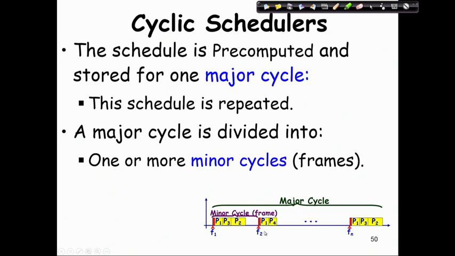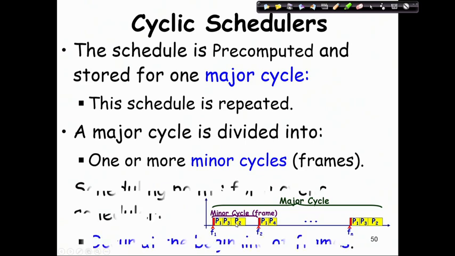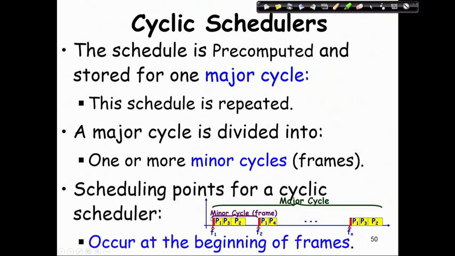This is a periodic timer. So, it needs to be set only once and then keeps on giving interrupts at this interval, defining the frames. And to each frame a task is assigned, and that is stored in a table, and these points at which the frames start, the frame boundaries, these are the scheduling points.